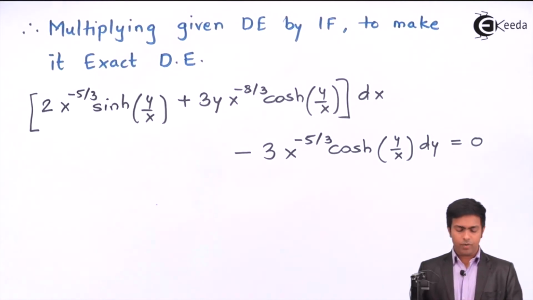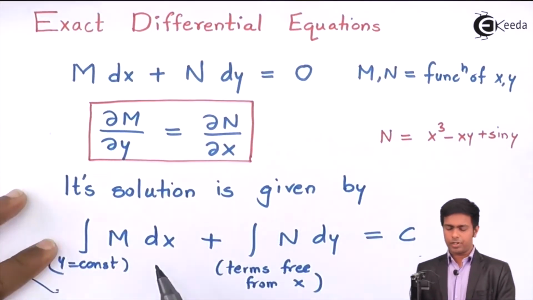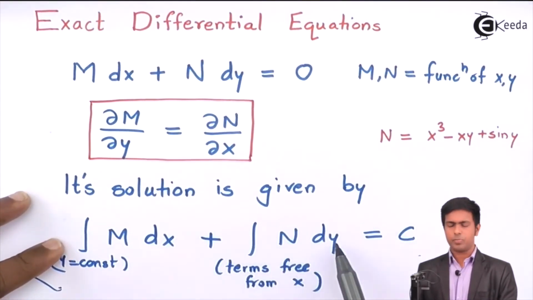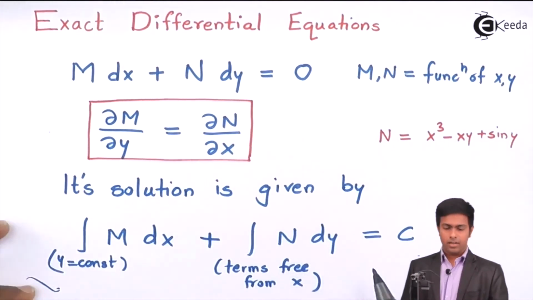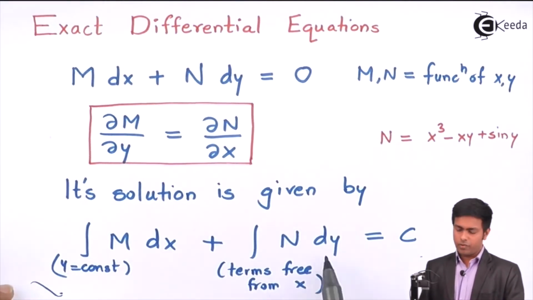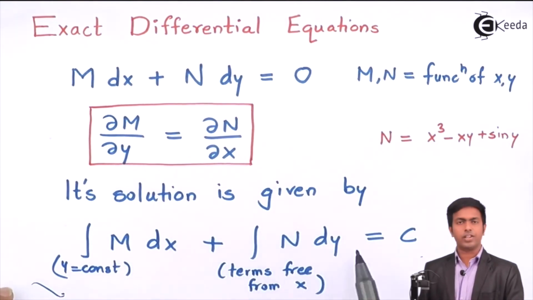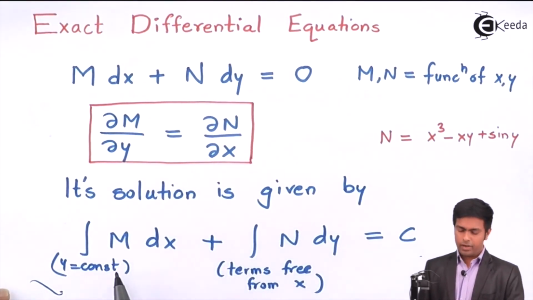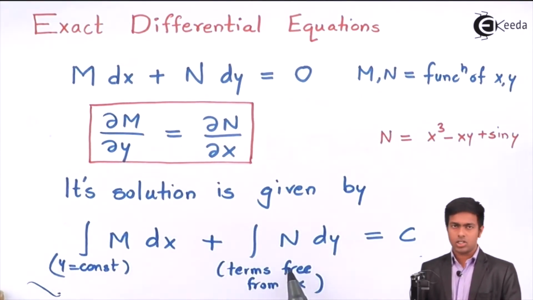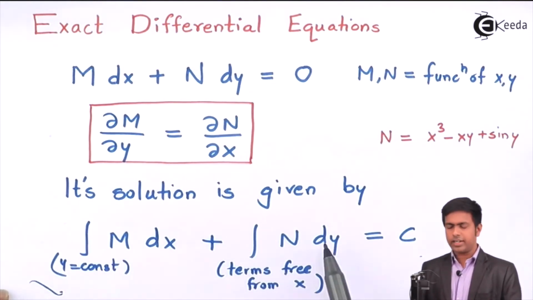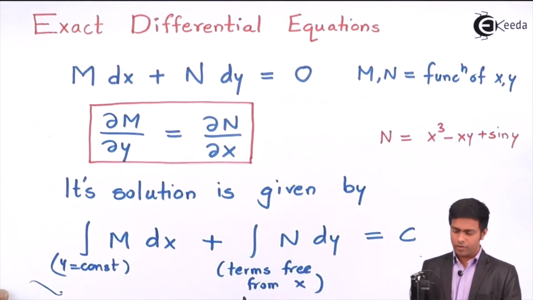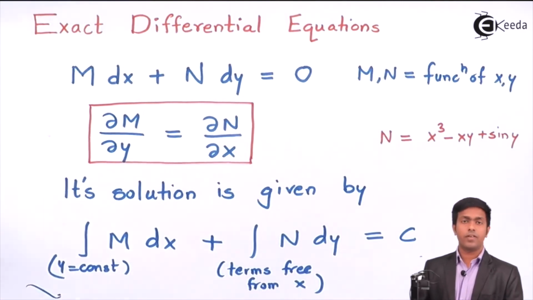So instead of integrating M with respect to x and then N with respect to y, what we'll do is we will first integrate N with respect to y, where we will consider x as constant, and then we'll integrate M with respect to x, where we will consider the terms which are free from y.